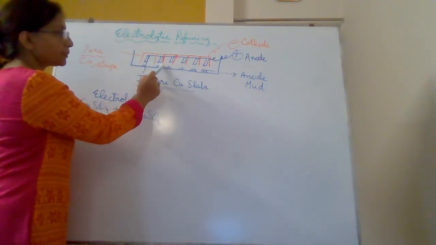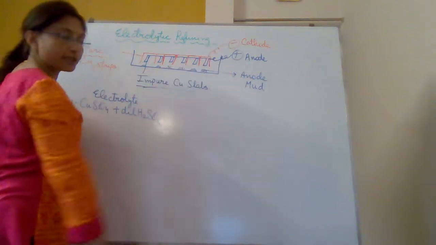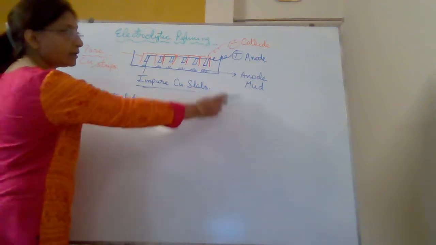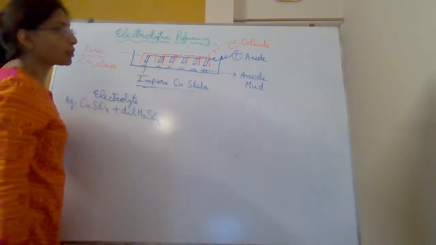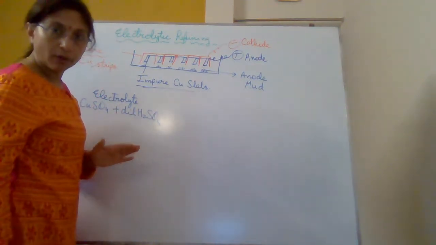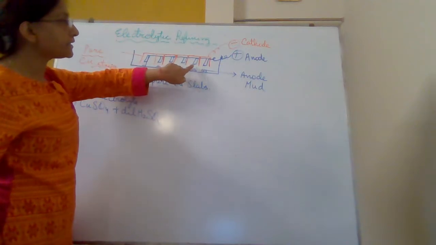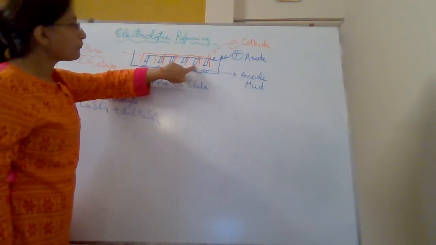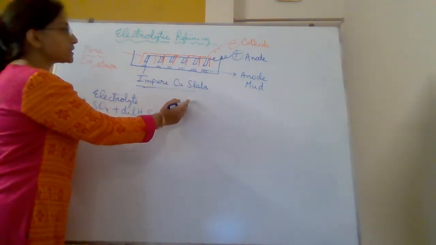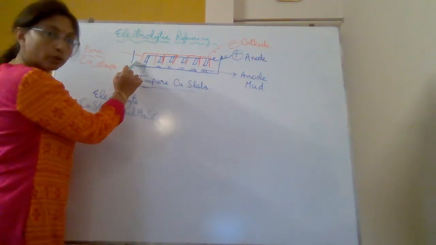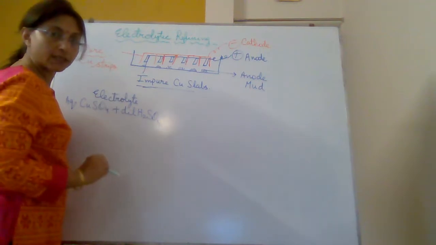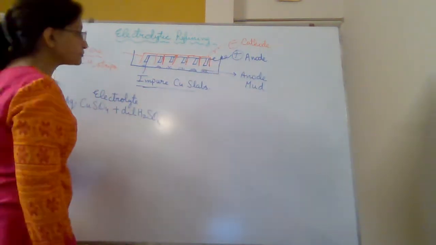These thin pure copper strips are attached to the cathode, so they are acting as the cathode, and the impure copper is acting as the anode, since it is attached to the positive terminal. Since the cations produced from the impure copper slabs will deposit at the pure copper strips, the pure copper strips already existing are attached to the cathode.